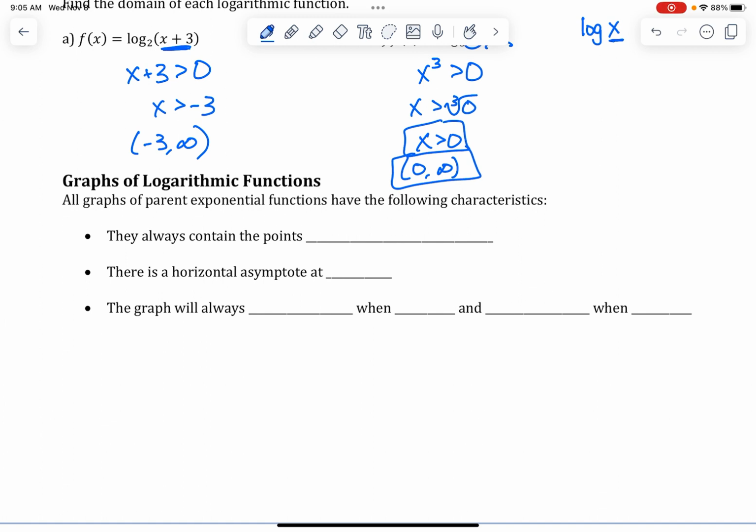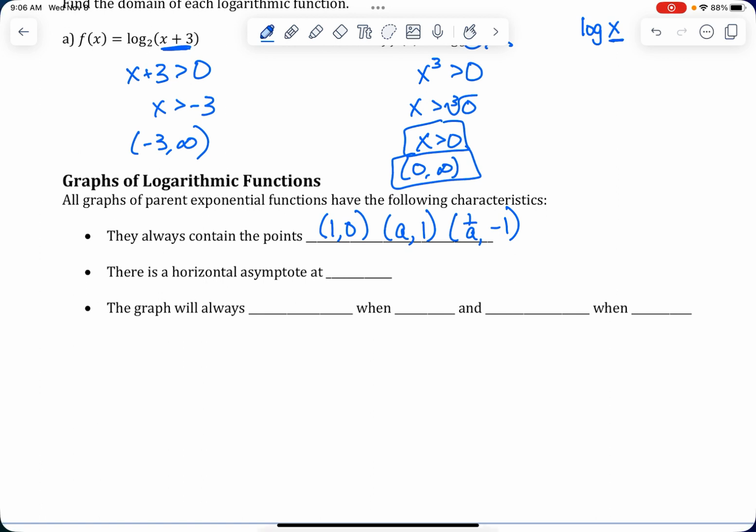Well, since they're inverses, you're going to see the opposite in terms of x and y here. So whereas an exponential function always contained 0, 1, logarithmic functions always contain 1, 0. Exponential functions always contained 1, comma a. Well, log functions are a, comma 1. And same thing with its reciprocal, okay? So all we did from the last section is reverse x and y.